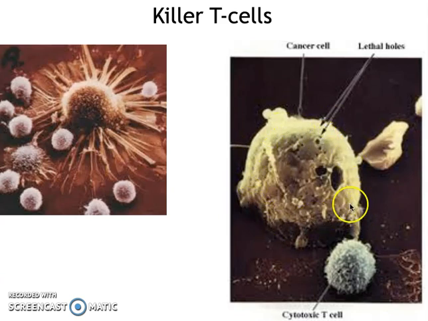Pictured here is a cancer cell that is much larger than the cytotoxic or killer T cell. Cytotoxic and killer T cells are the same thing. The way this tiny little white blood cell is able to attack and destroy this much larger cancer cell is that the cytotoxic or killer T cells release proteins called perforin proteins that end up perforating or generating holes in the membranes of larger cells.